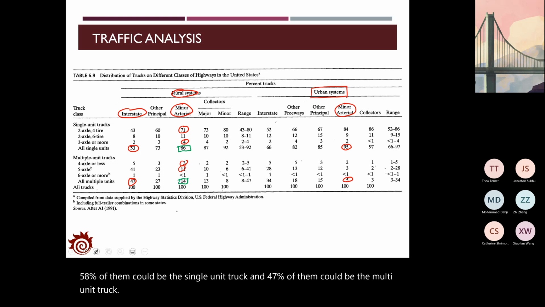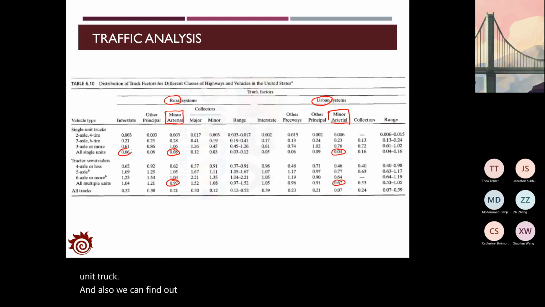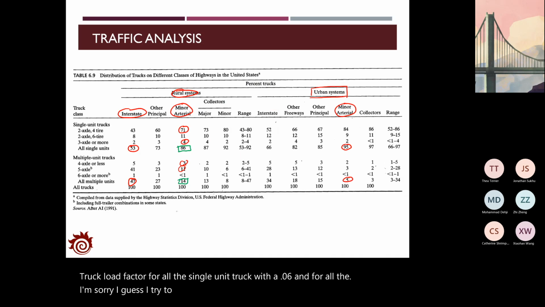And also we can find the truck load factor for the single unit truck is 0.06, and for all the, sorry, I tried to identify the wrong type of highway.